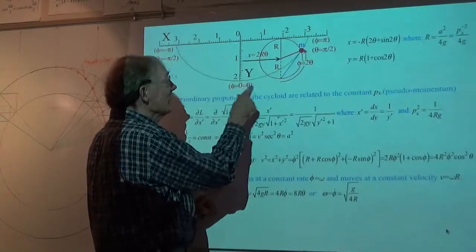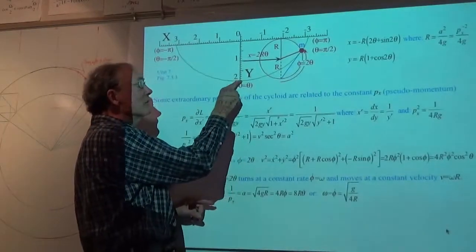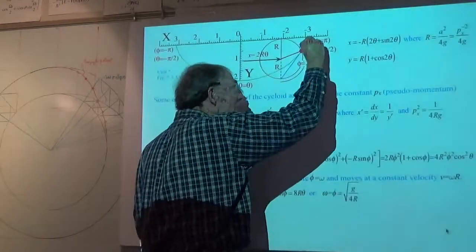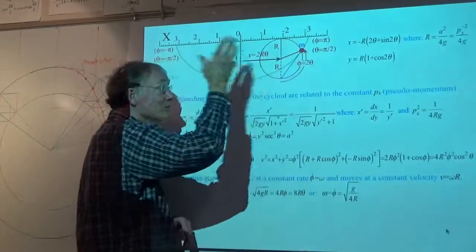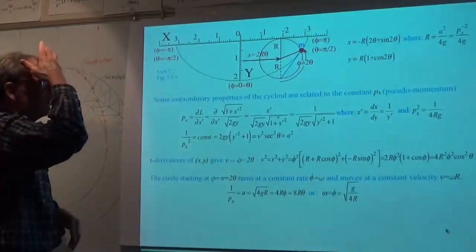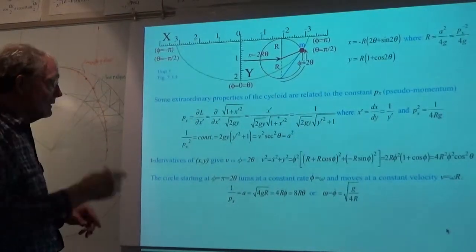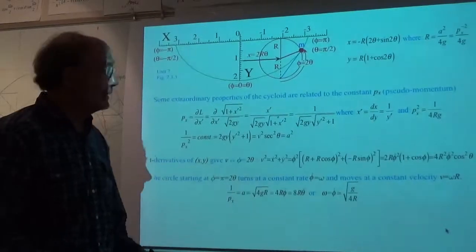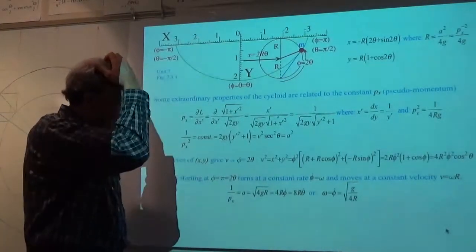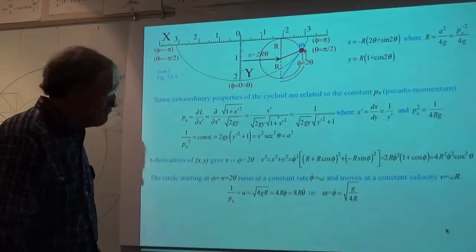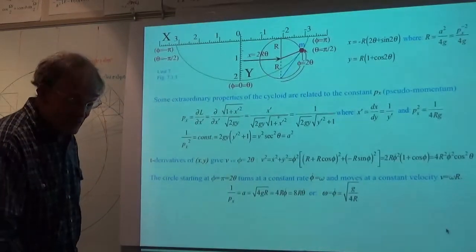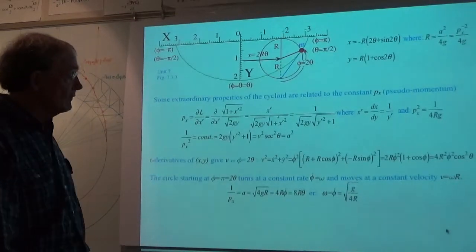This is phi, and theta is 0 at the bottom of the thing. But if I start right here, you've already seen the simulation for that. What we're going to get is rather amusing, but we have to get it algebraically. So this is one of those cases where the geometry is easier than the algebra.